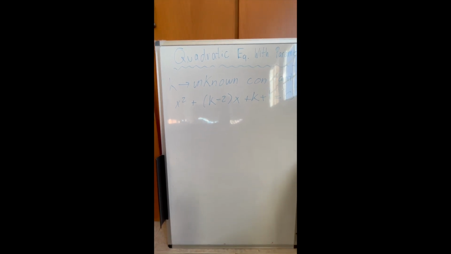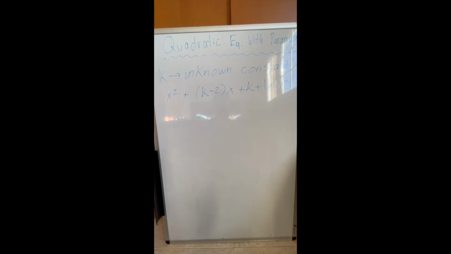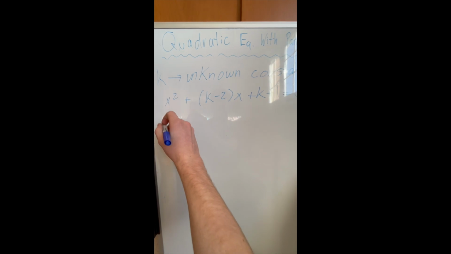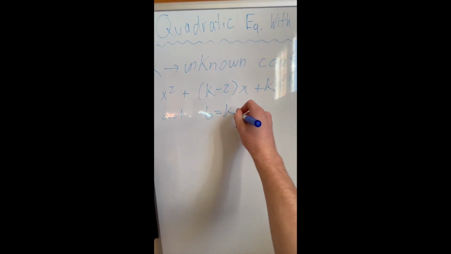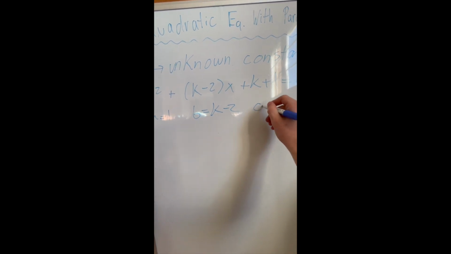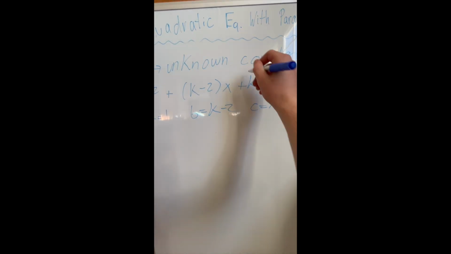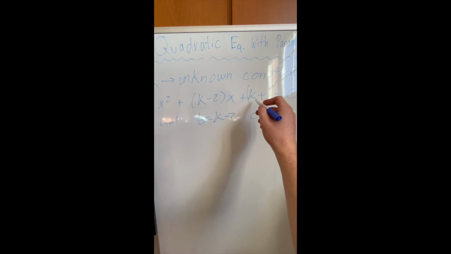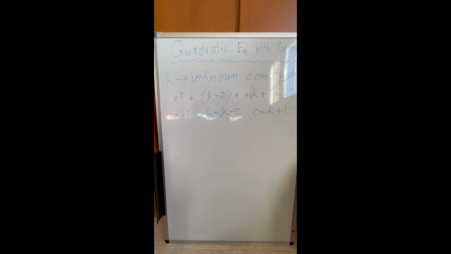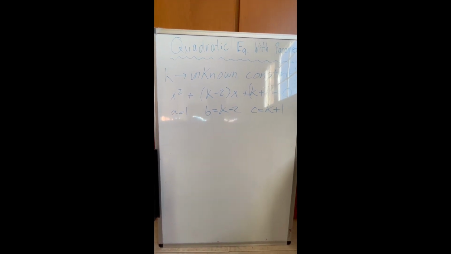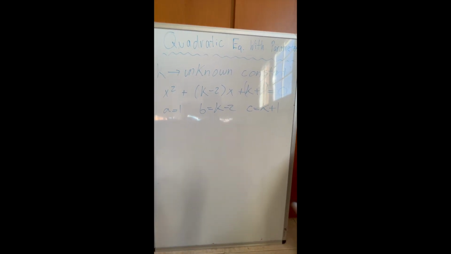Here we have compound values for our a, b, and c. Our a is 1, our b, however, is k minus 2, and our c is k plus 1. As this is a constant, so it is a number, k plus 1 will be a number, and that will be our c.